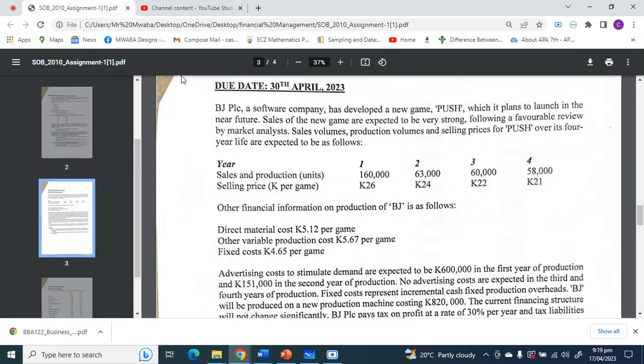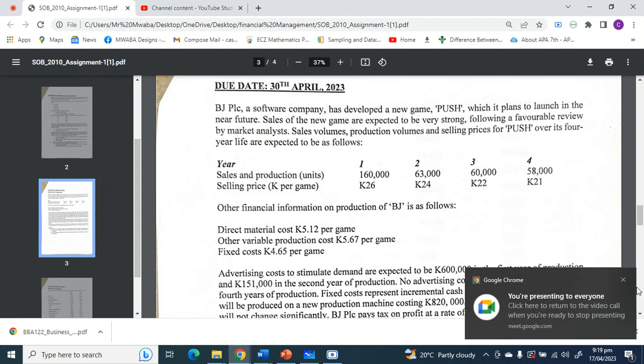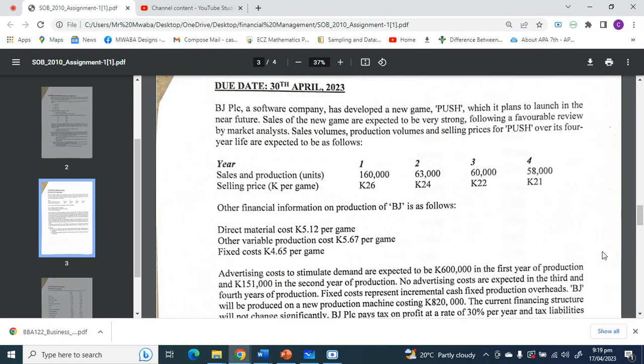Are we able to see the screen? You can read for us then. Mr. Benjamin, from the top.